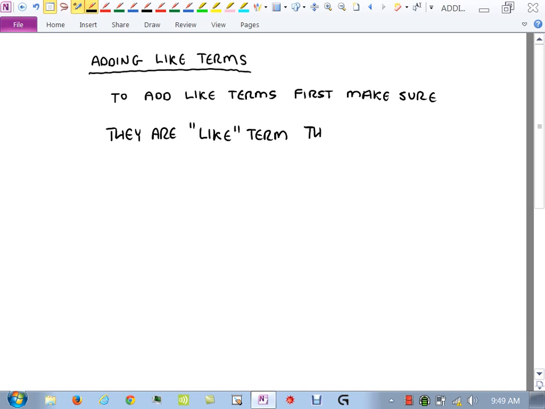Then, just add the coefficients. Just add the coefficients up.